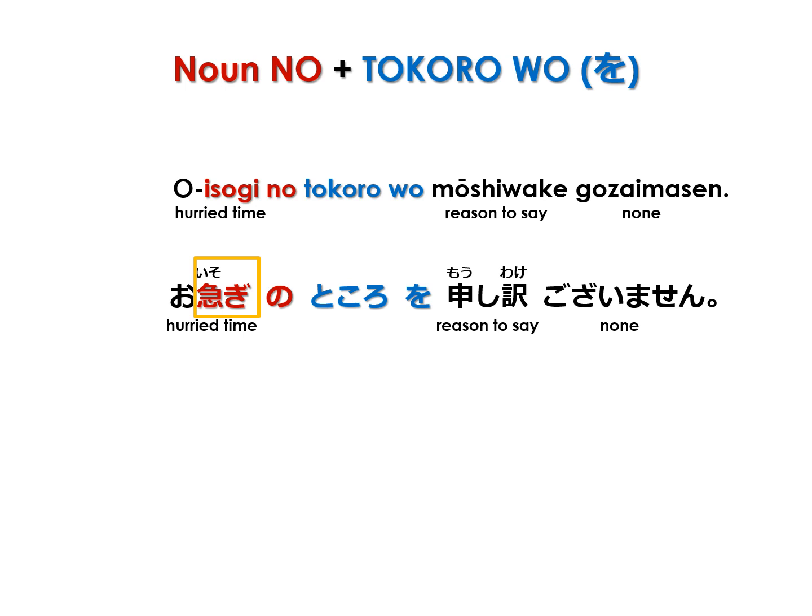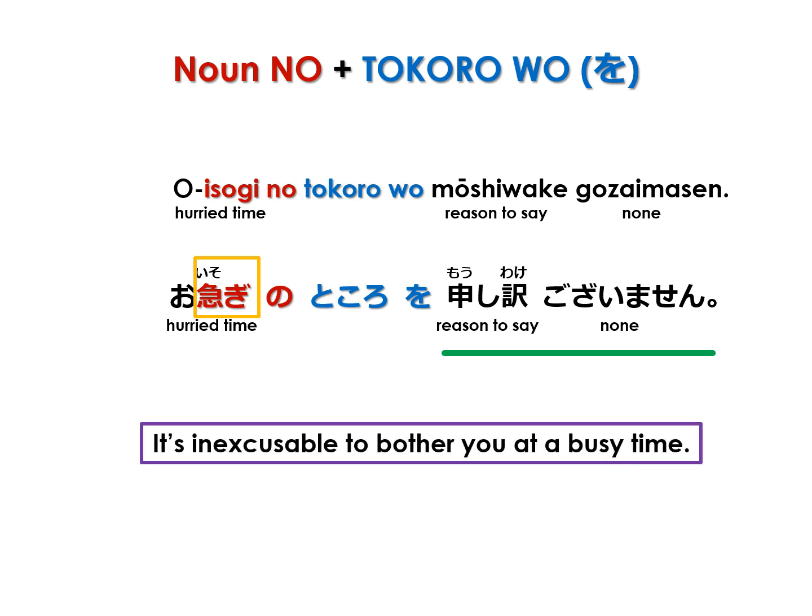Isogi roughly translates to the hurriedness or the busyness. And we have the honorific prefix o before it to refer to the listener. 申し訳ございません is an apology, which literally means there's no good reason. So the whole greeting roughly translates to, it's inexcusable to bother you at a busy time.